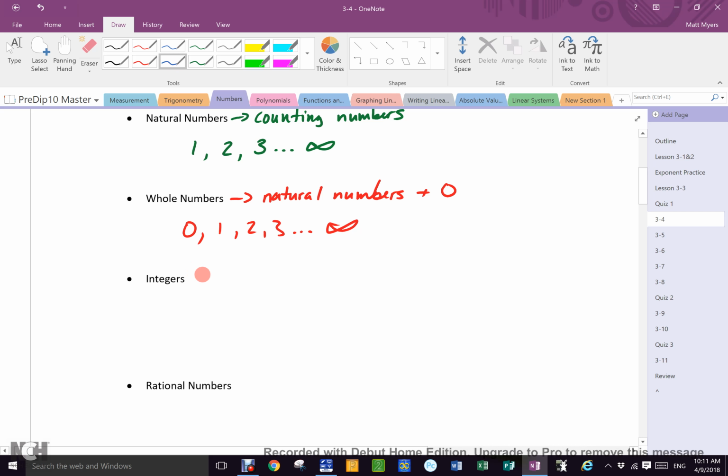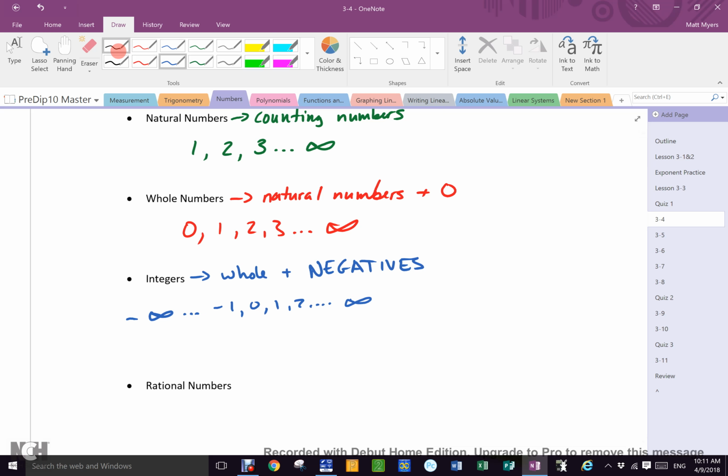So the integers are the whole numbers plus the negatives. Negatives are not whole numbers. No, negatives are not whole numbers. All right? So, what does that mean? That means it goes from negative infinity, negative 1, 0, 1, 2, up to positive infinity. Is everybody cool?